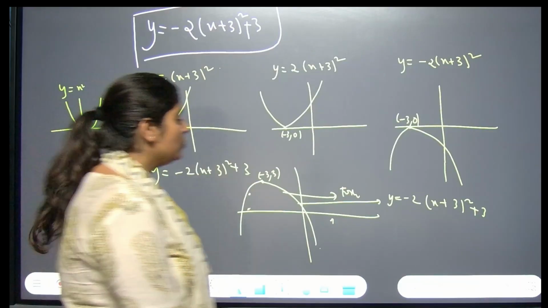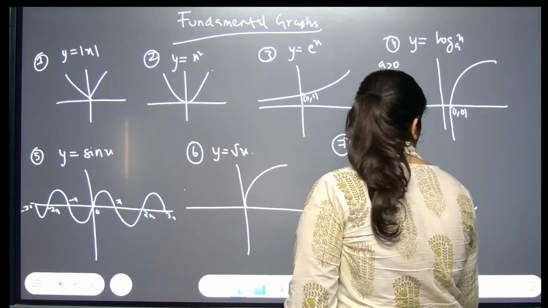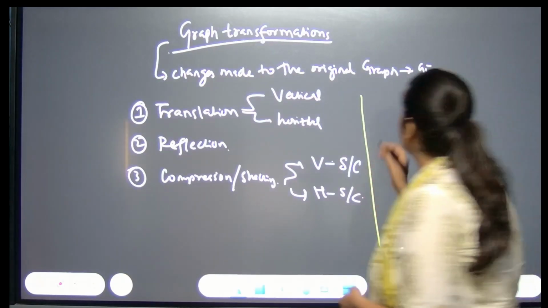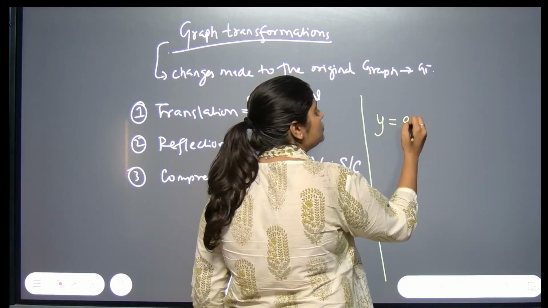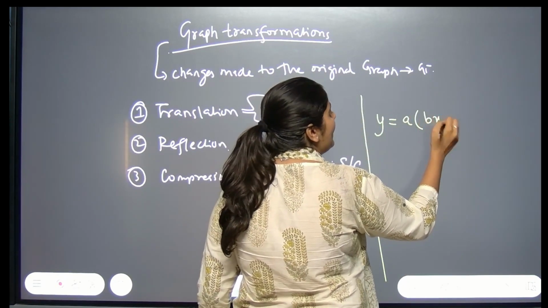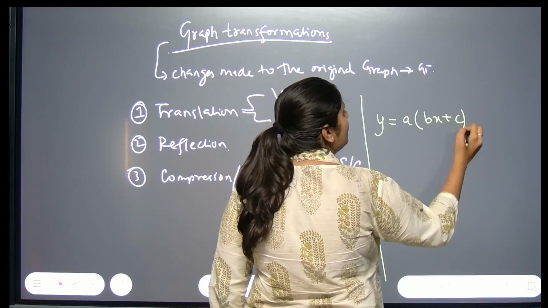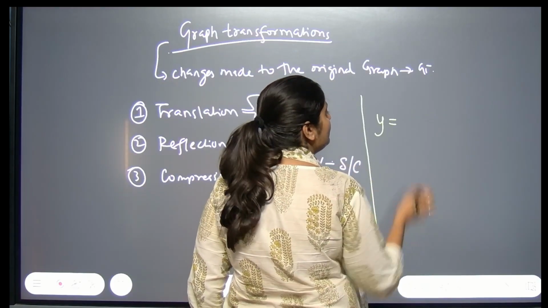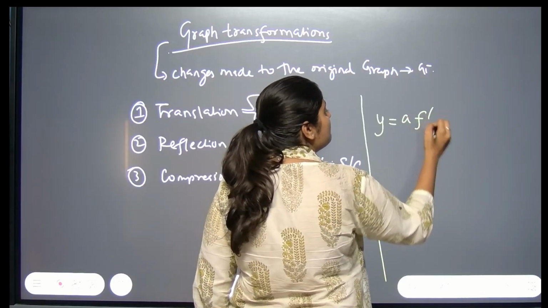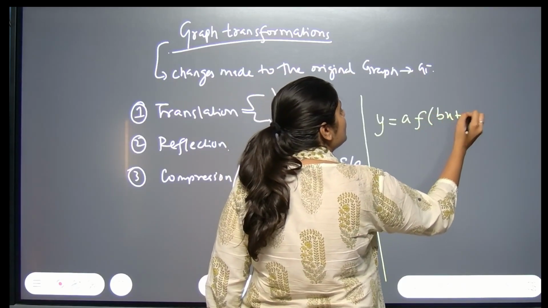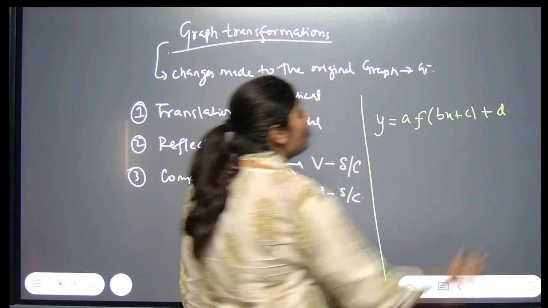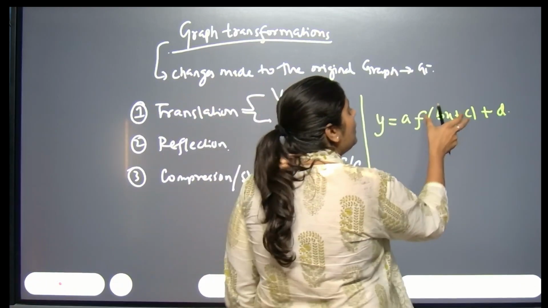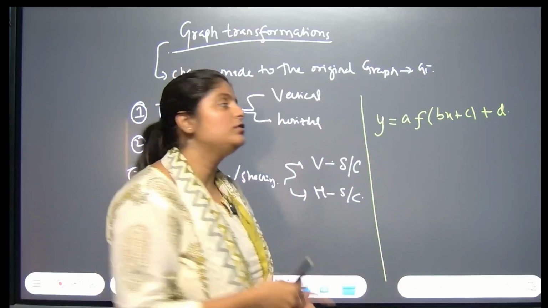Right. So we can tell, if any expression is given like y equals a times f of (bx plus c) plus d, then all the outside terms, what are the outside terms that lie outside the function?